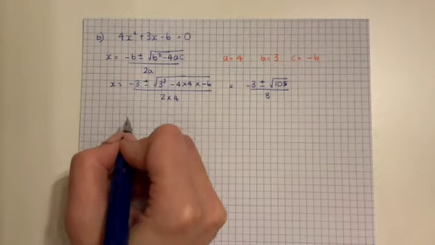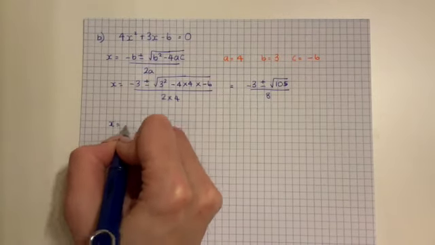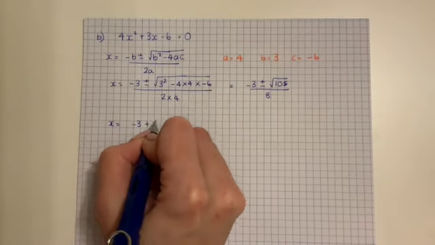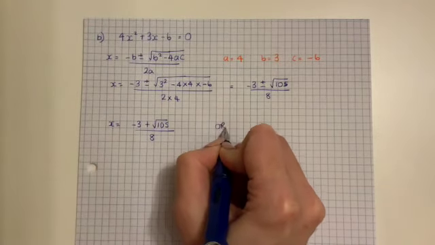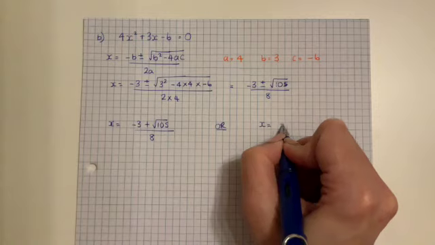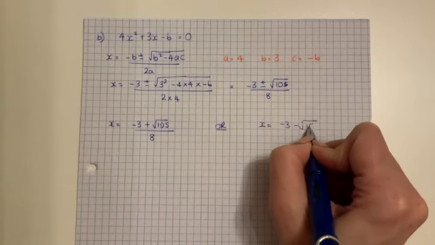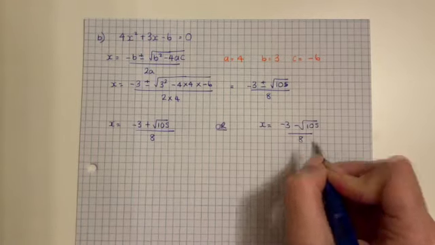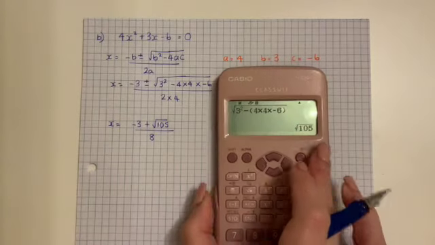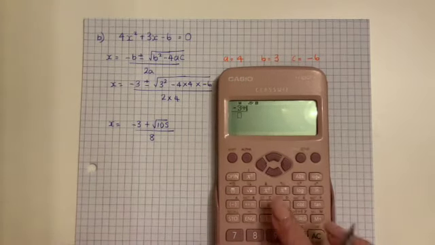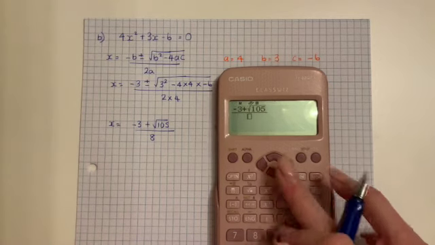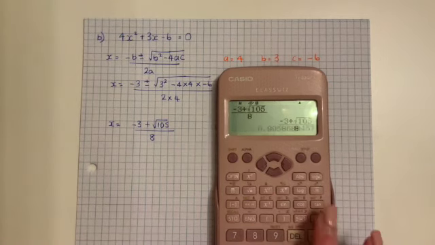Okay, so we now have our 2 separate roots. x equals -3 plus the square root of 105 divided by 8, or x equals -3 take away the square root of 105 divided by 8. So let's do our 2 options. -3 plus the square root of 105 divided by 8.